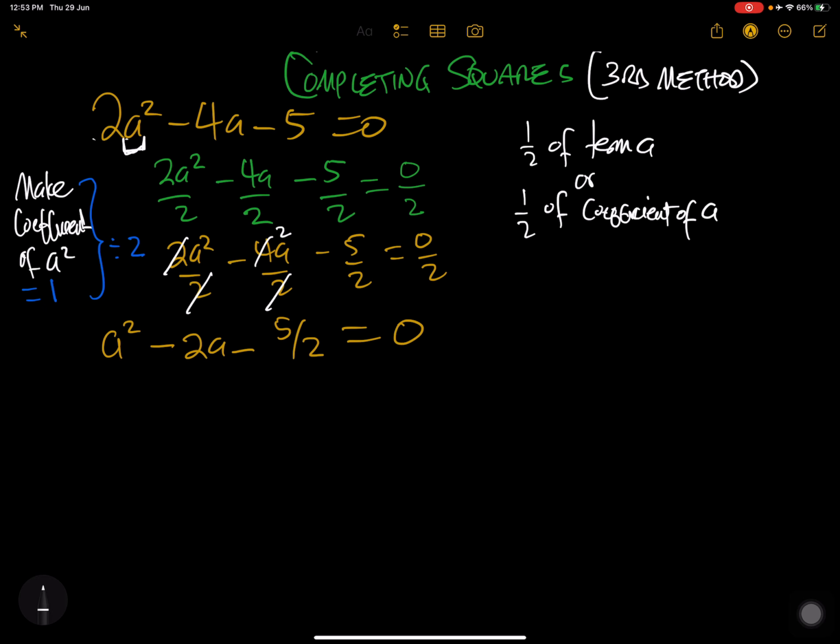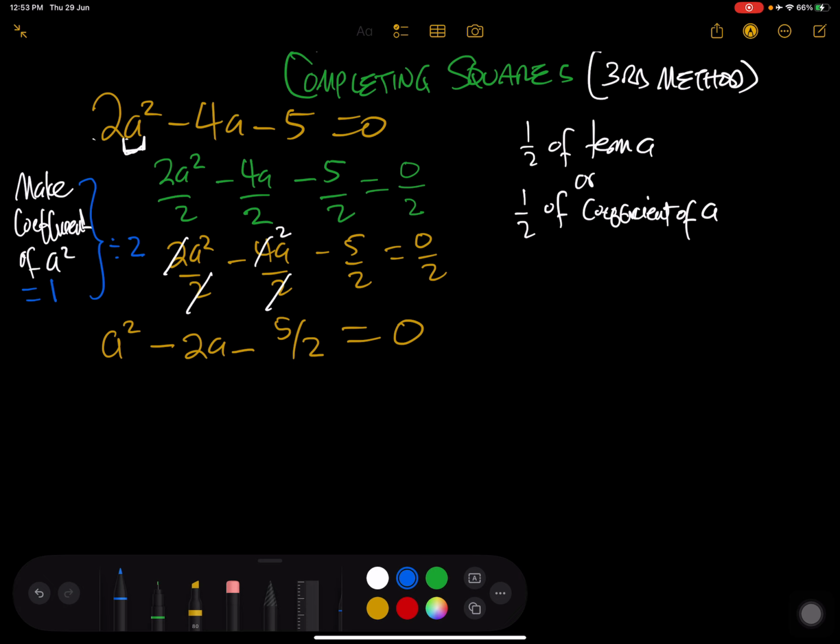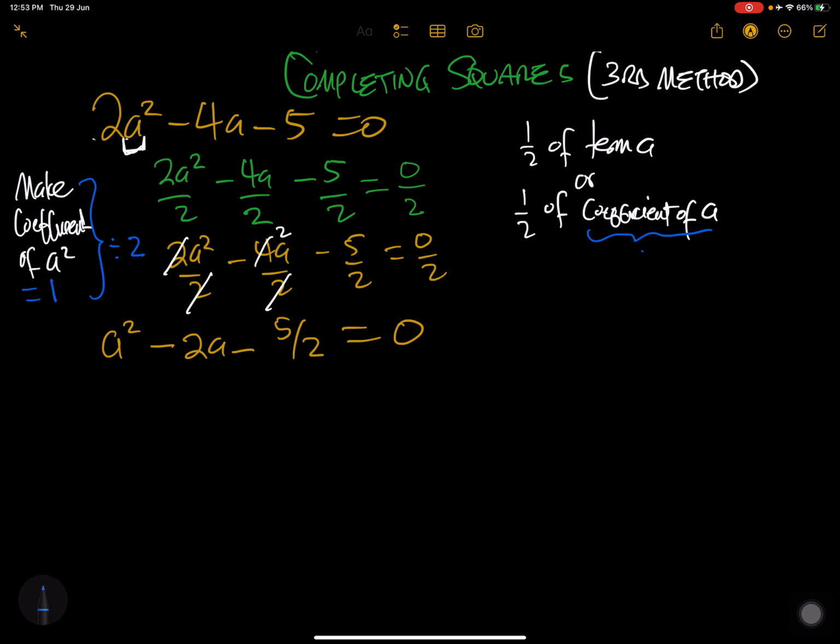We're going to take half of that. The coefficient of a is negative 4. Can you see that? This is the coefficient of a. So half of negative 4 is the same as half times negative 4, which gives us negative 2. So half of the coefficient of a is giving us negative 2?